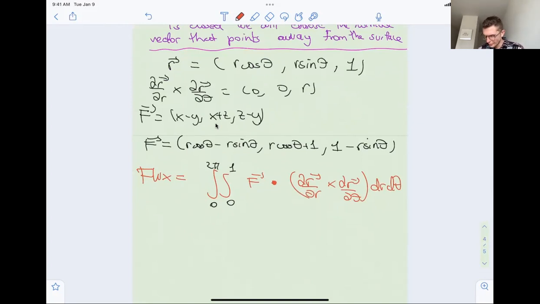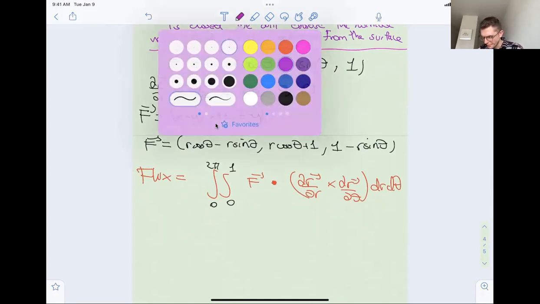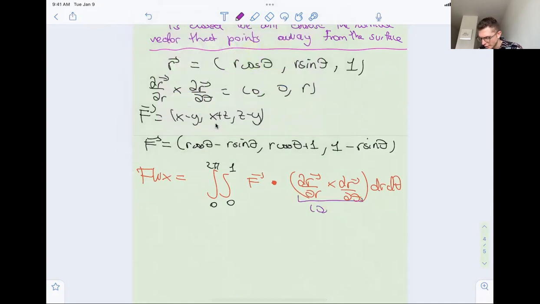When you do the dot product, because this is the vector 0, 0, r, you also don't need the magnitude in this particular example. You just need the vector itself.